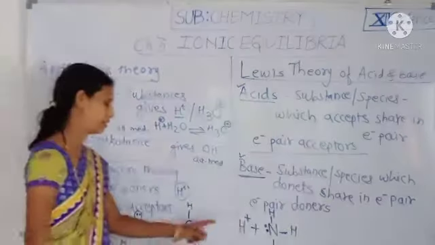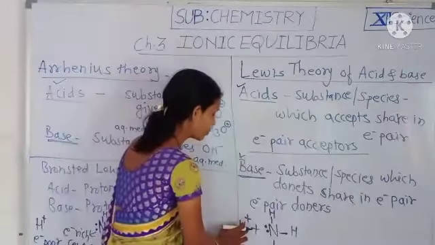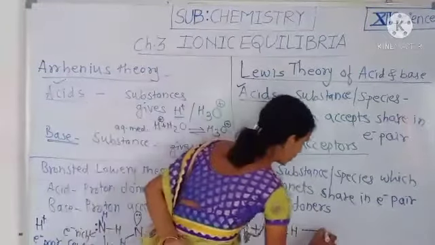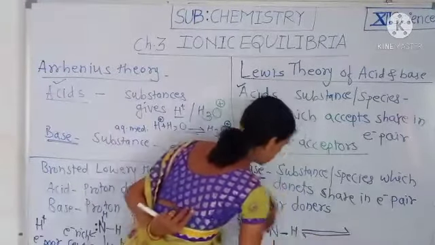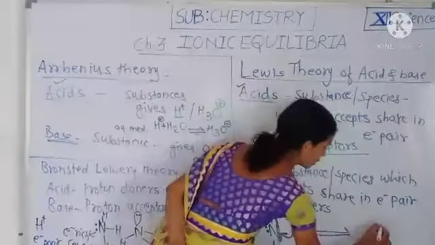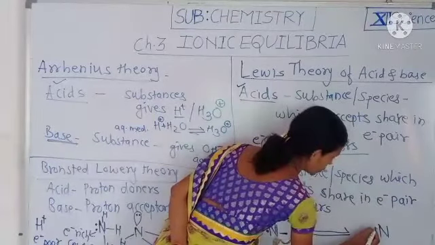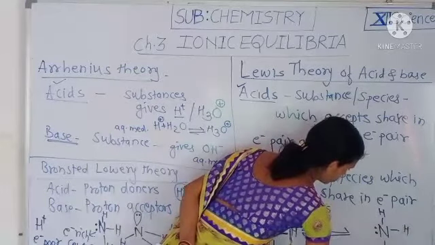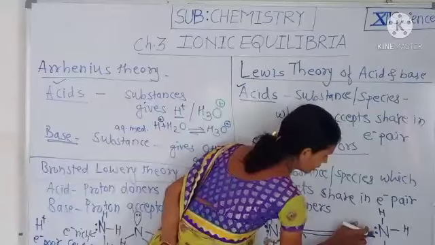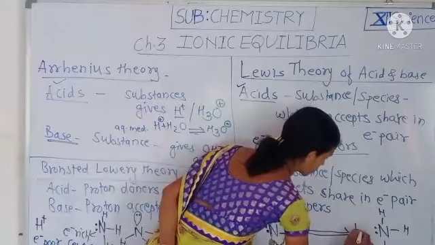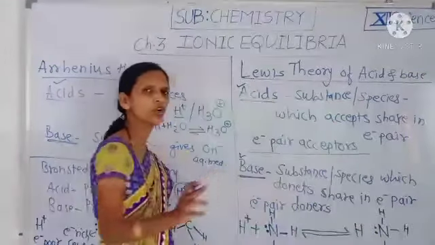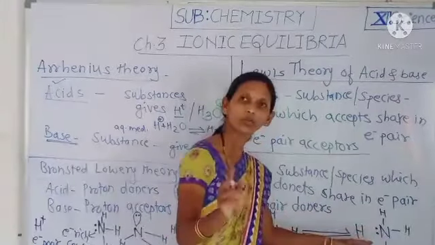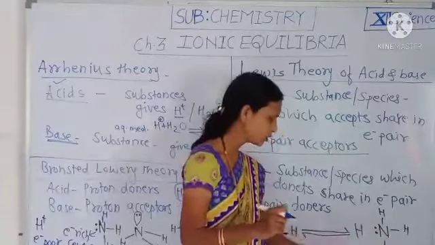Here, when H plus ion combines with ammonia, see here, the nitrogen in ammonia contains a lone pair of electrons, and the H plus ion does not contain any electron to share or to form a bond with nitrogen.